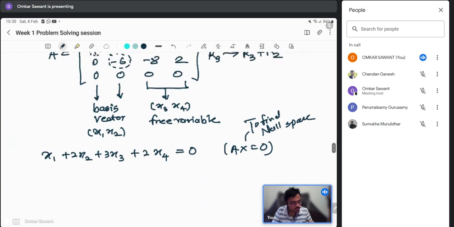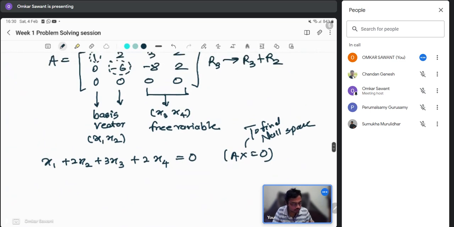Okay, so what will be the second equation? Minus 6 of x2 and minus 8 of x3 and plus 2 of x4 is equal to 0, sir.